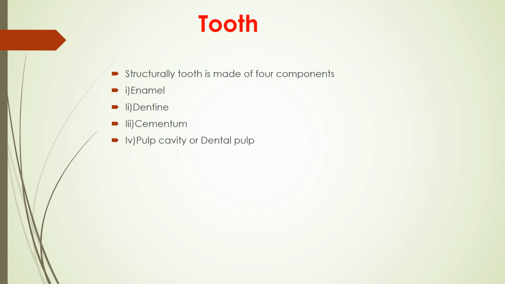Now structurally, the tooth is made up of four components: enamel, dentine, cementum, and pulp. First, the enamel. It is the hardest substance, containing inorganic salts. That means 96% inorganic salts are there, and the greater part of that is calcium phosphates.